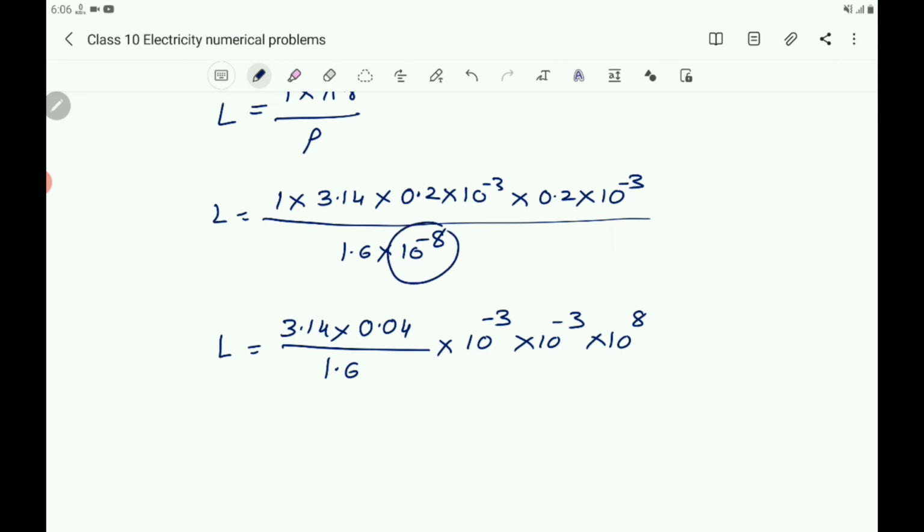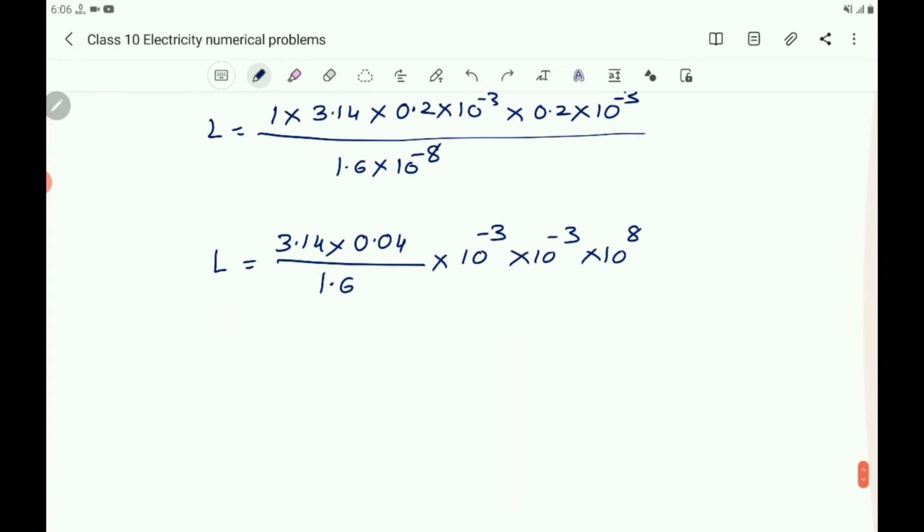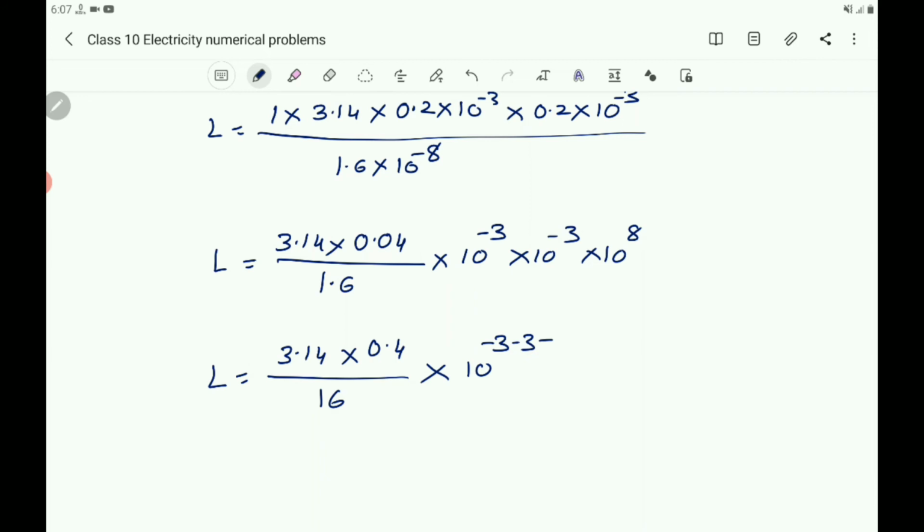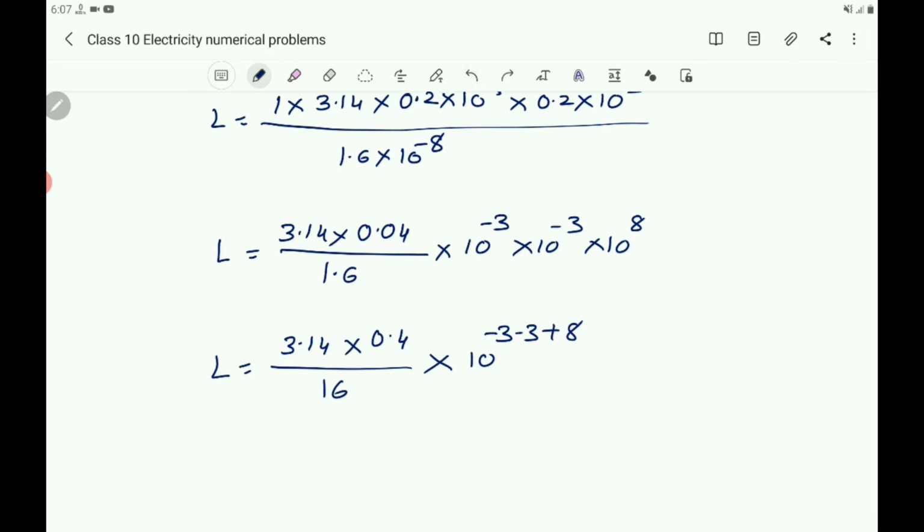You take it to the numerator, so that power becomes positive. Removing the decimal point, that becomes 0.4 by 16 into 10 power minus 3 plus 8, the sum of these powers.